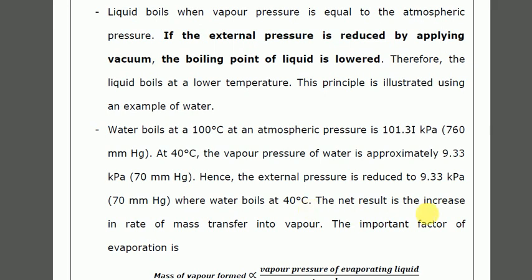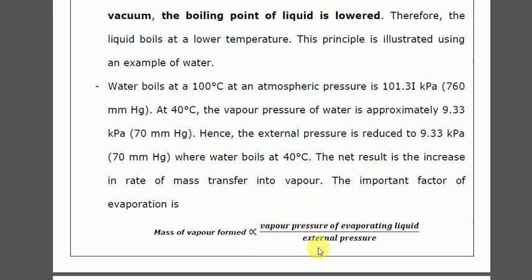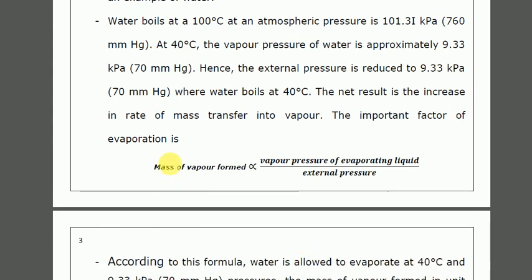So ultimately there is an increase in the rate of mass transfer into vapor. Correct? So ultimately vapor will increase. Okay. So according to this formula, the mass of vapor formed is directly proportional to the vapor pressure of the liquid upon external pressure, that is atmospheric pressure.